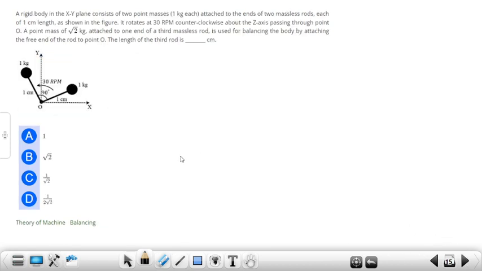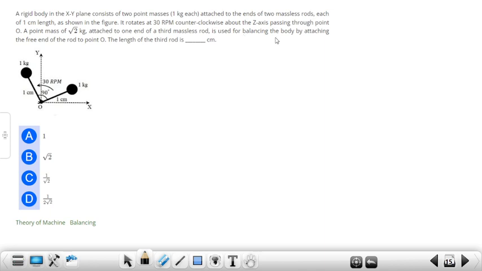Next question. A rigid body in the xy plane consists of 2 point masses of 1 kg each attached to the ends of 2 massless rods, each of length 1 centimeter, as shown in the figure. The body rotates at 30 rpm counterclockwise about the z-axis, which is perpendicular to the plane, passing through the point O. A point mass of root 2 kg is attached to one end of a third massless rod.